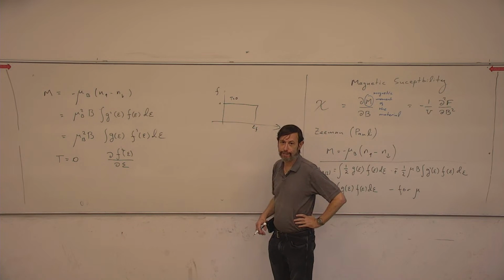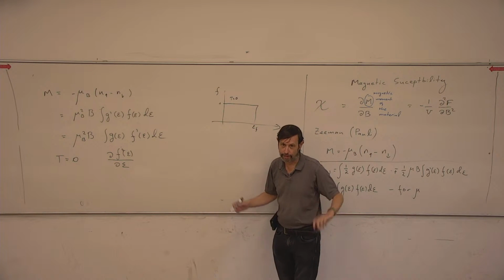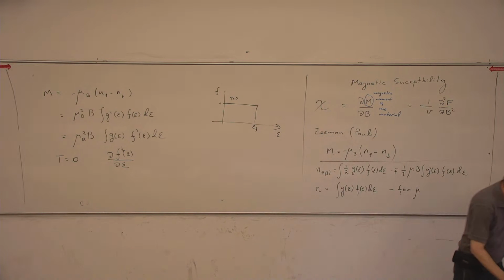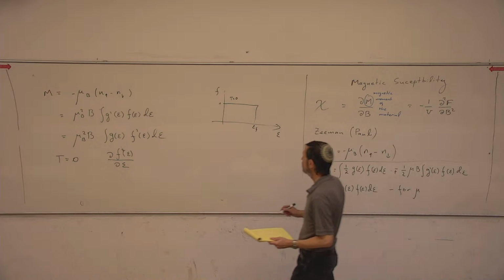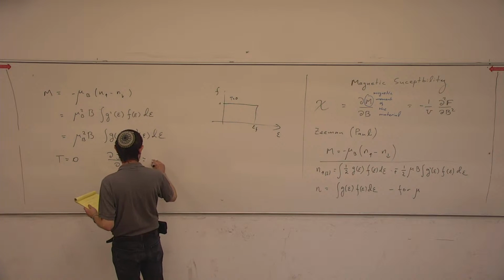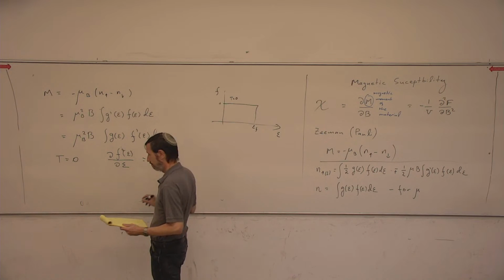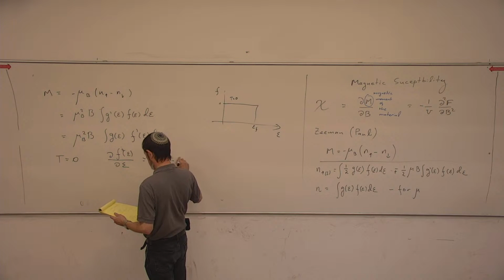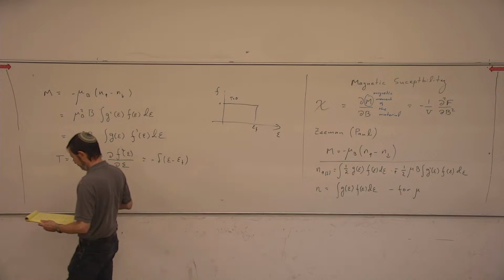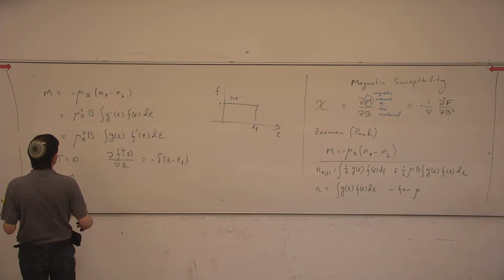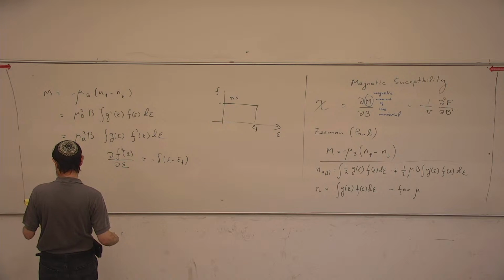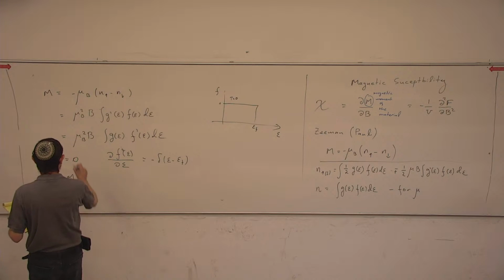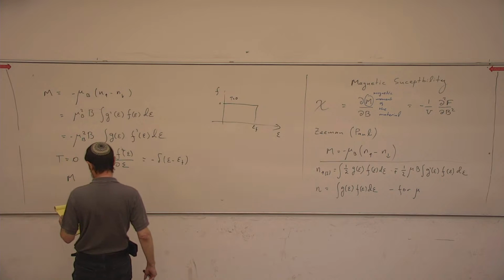Derivative of such a thing is a delta function. In this case, a minus delta function because of the directions. I have here a minus.